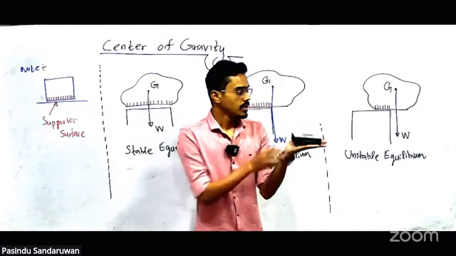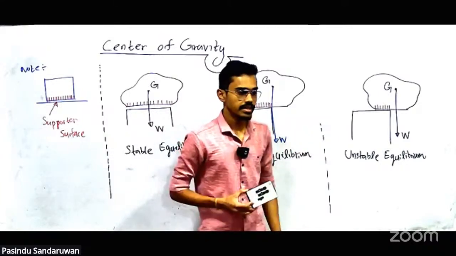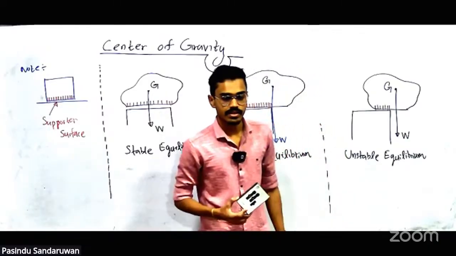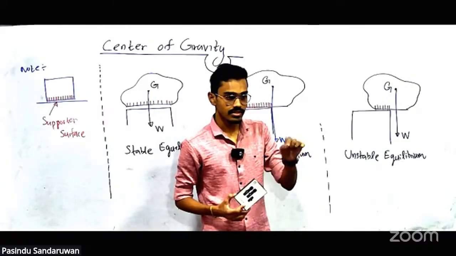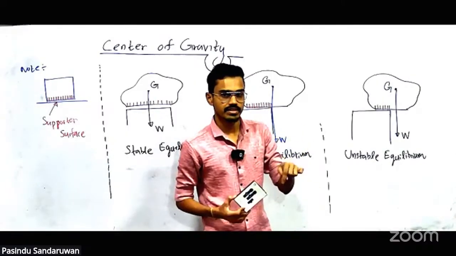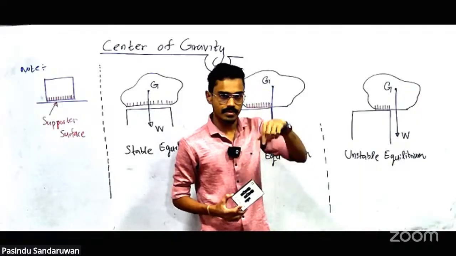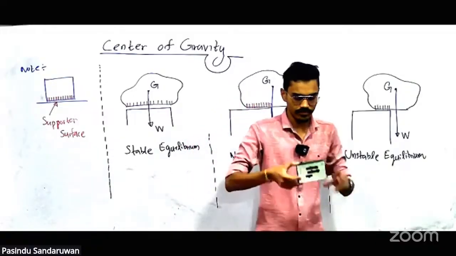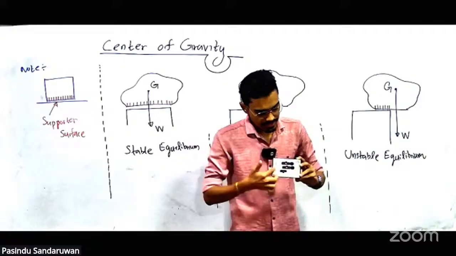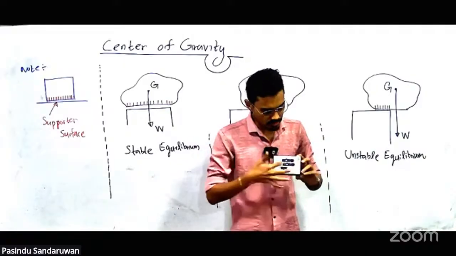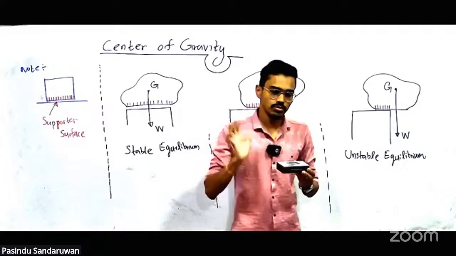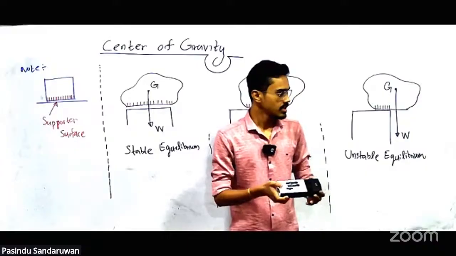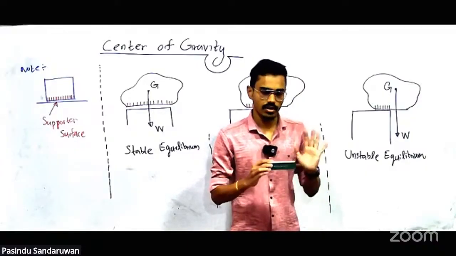One more thing: if an object is symmetric, its center of gravity is at the center, the point where the symmetric lines intersect. So I know this center of gravity is around the center, with perhaps a slight change, unless otherwise.